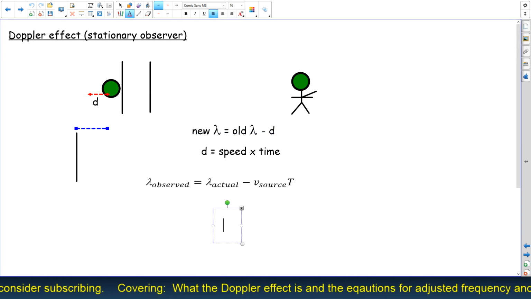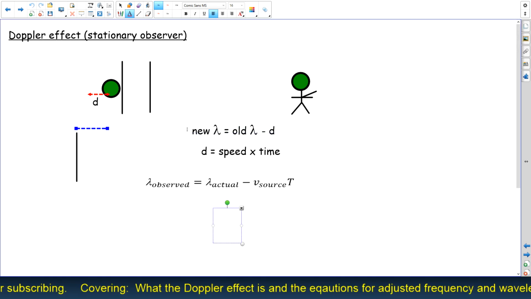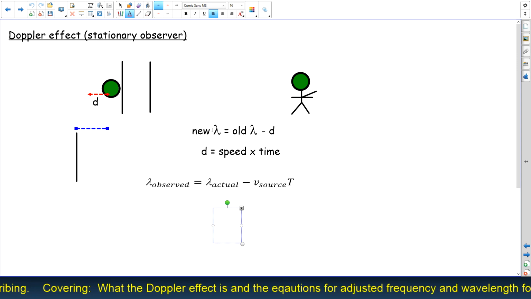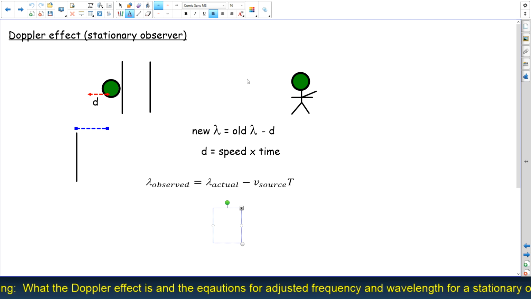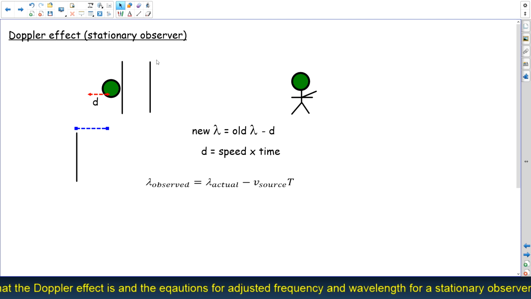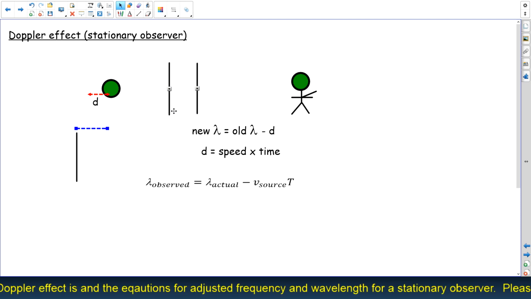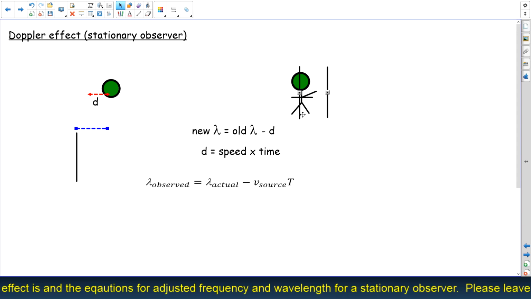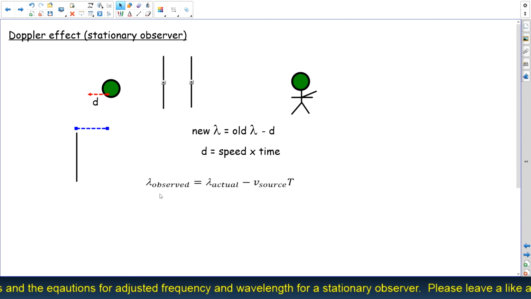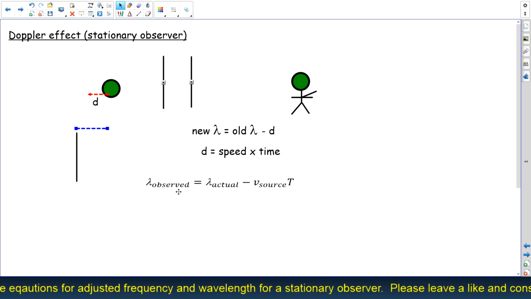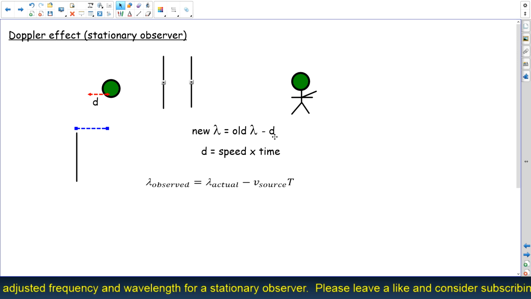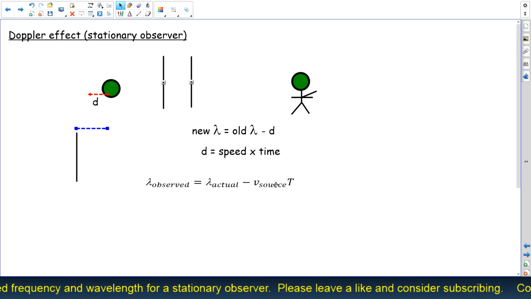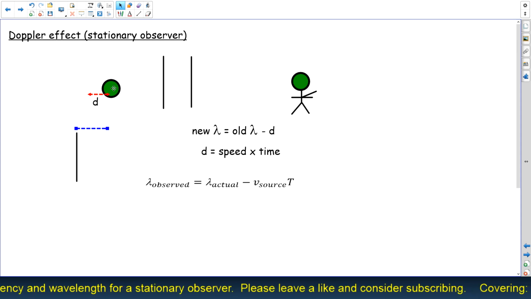So we're going to replace new lambda because that sounds a little bit non-sciencey. We're going to call it lambda observed. That's what this person's actually going to see. They're going to hear or see, or whatever it happens to be, the new wavelength rather than the actual. So the new wavelength, the observed wavelength, is going to equal the actual wavelength, take away the distance d. The distance d is going to be what the velocity of this source object is, what our emitter is.